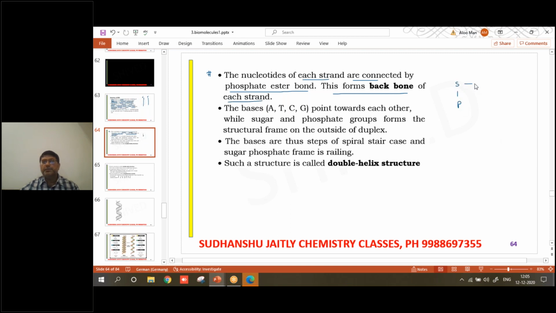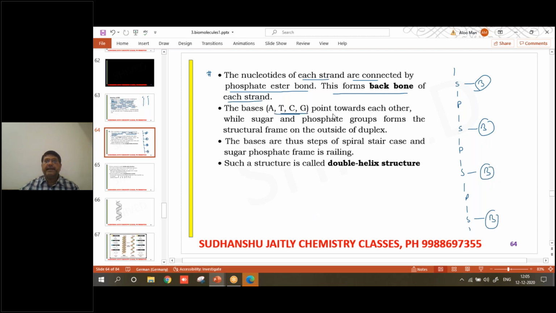Phosphorus, sugar, base. Phosphorus, sugar, base. This thing is going to be repeated. I hope you understand. These bases might be different.